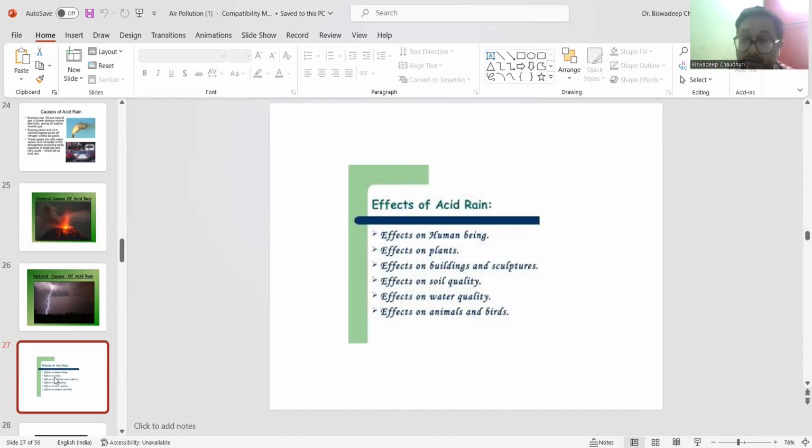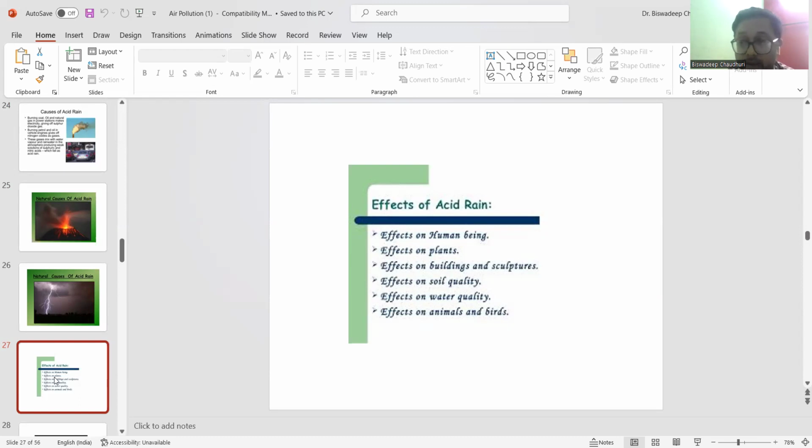Why? When acid rain drops from the sky, it has a lower pH. A small amount of acid is present there. It falls directly on leaves. If the leaves are very young, they will be hampered. They will not grow naturally.